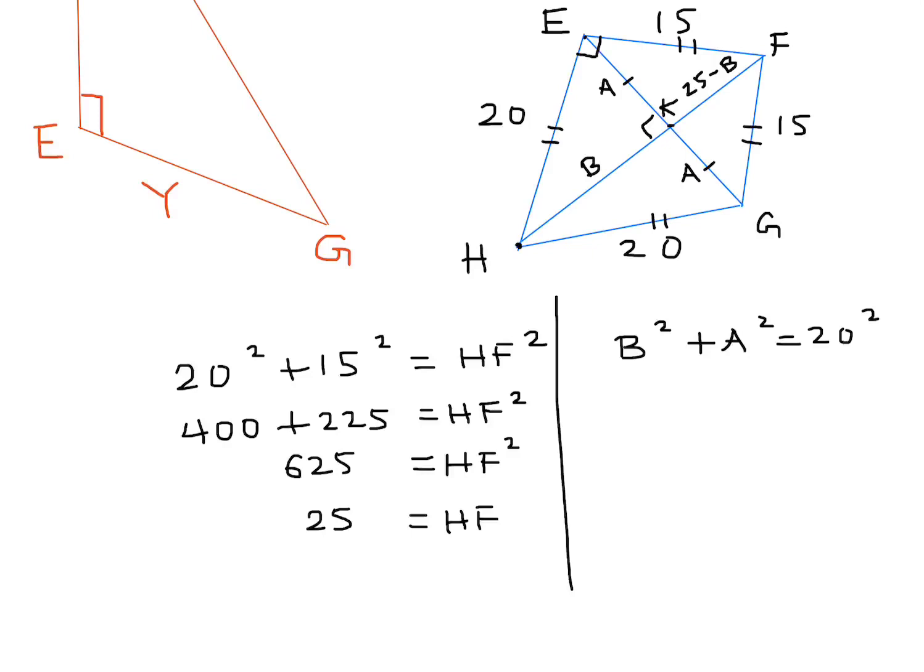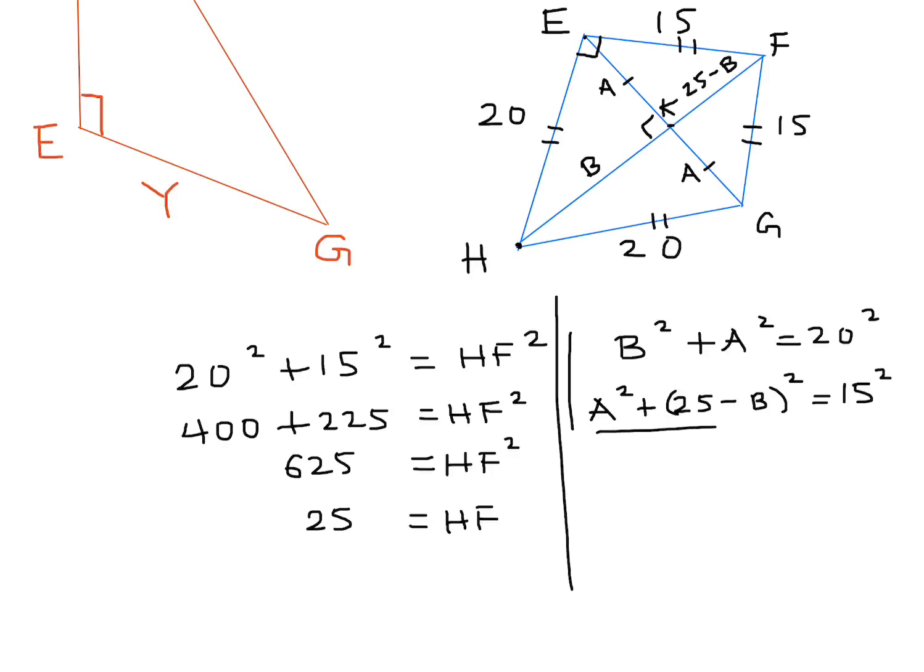And then in this triangle here, very similar, we also have a right angle, so we can use Pythagoras there as well. And that would be A squared plus 25 minus B squared is equal to 15 squared. And these are the two equations that are going to help us solve this problem.